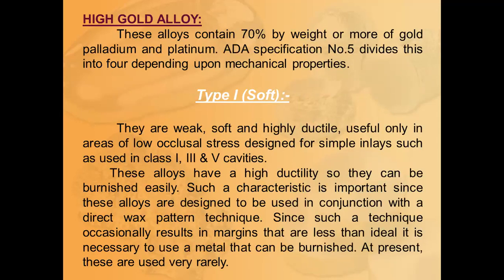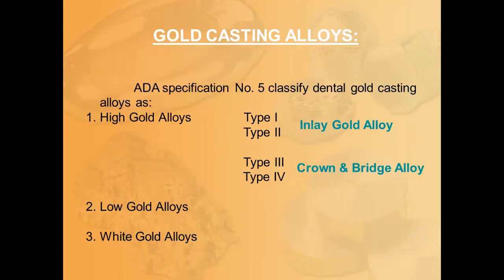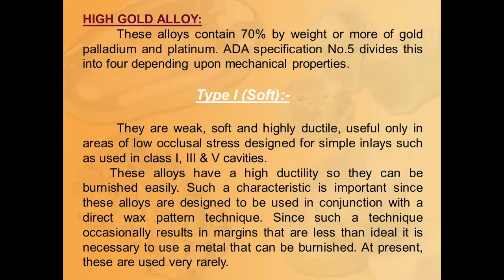Type 1, high gold alloy. This alloy contains 70% by weight or more of gold, palladium and platinum. ADA specification number 5 further divides it into 4 types.